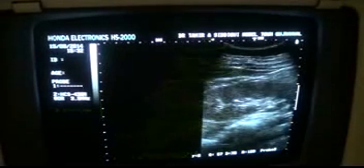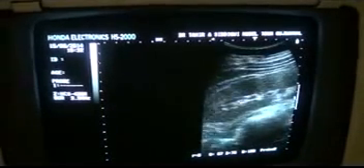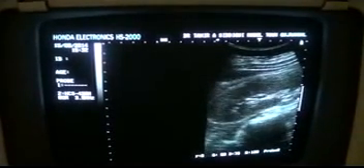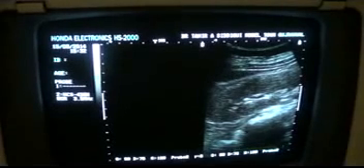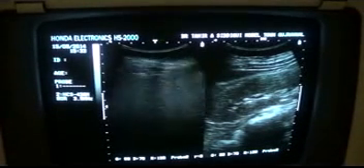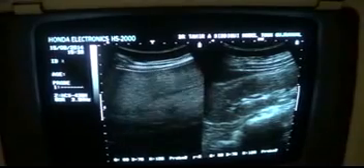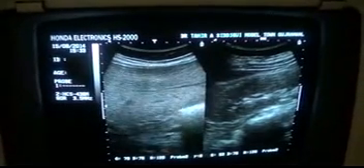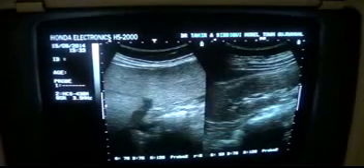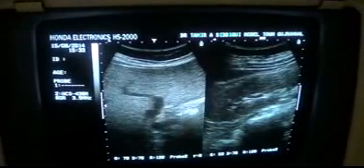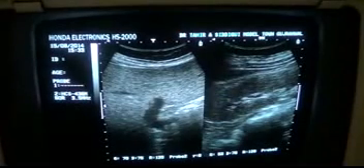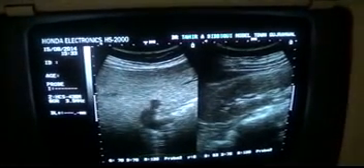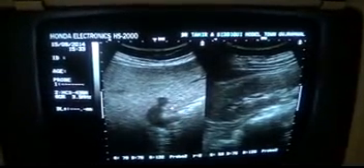Now preserve this segment of the kidney on one side of your screen and compare it with the liver now. And you can see that the parenchymal echogenicity of the kidney is less compared to that of the adjacent liver, though the liver is fatty.